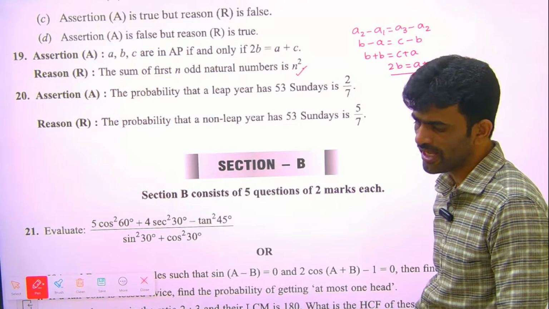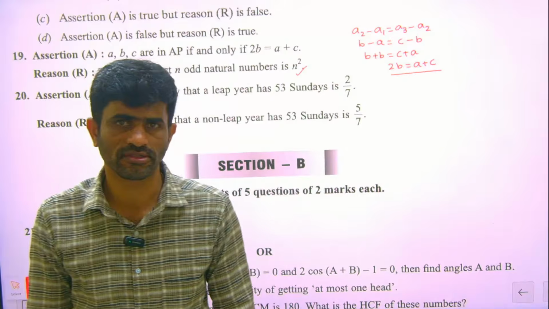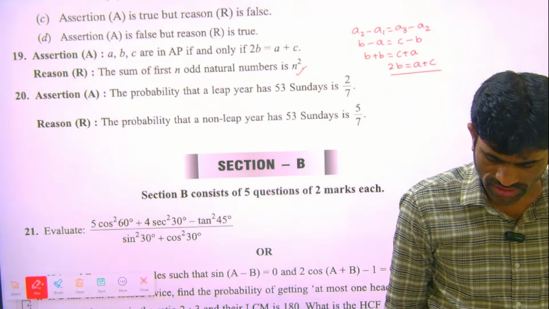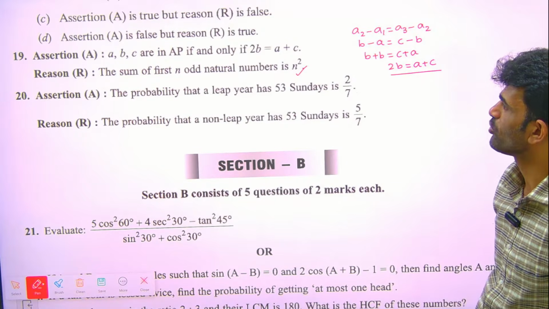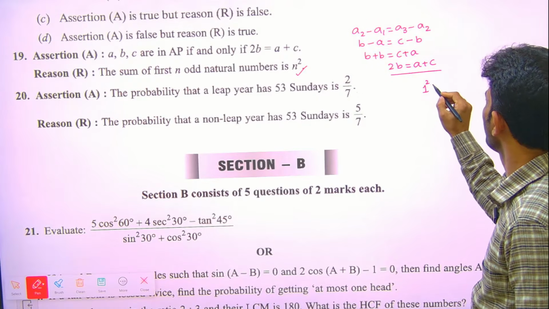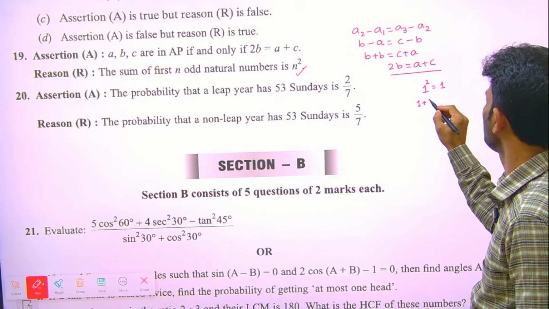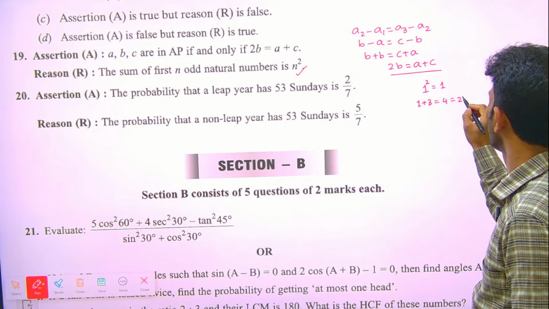What about reason? Do you remember sum of odd natural numbers? Sum of first n odd natural numbers is n square. You can take some examples. First number if you take 1, square 1. Second number, 1 plus 3, you are taking two numbers, no? The result is 2 square.